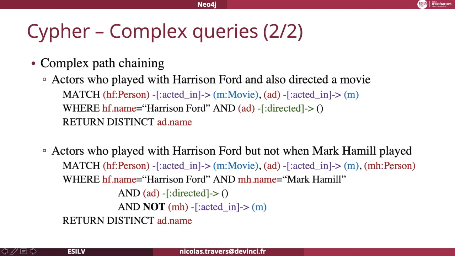And now we want a person, and this person is Mark Hamill. And this person must not have played in the movie. So with a not clause here, we want this relationship not to appear in the result. And that's it, we have the names of those persons.